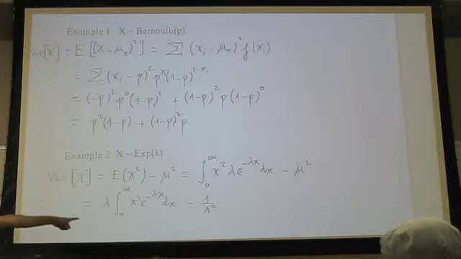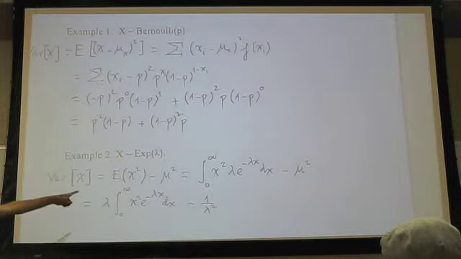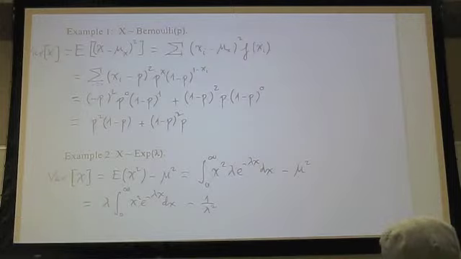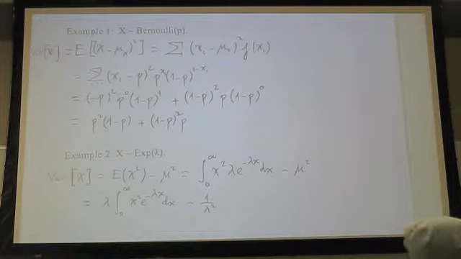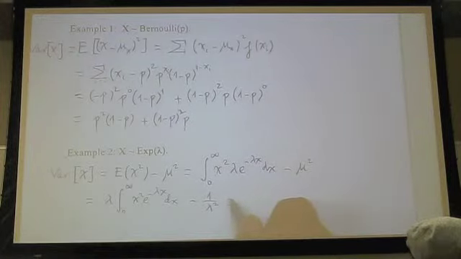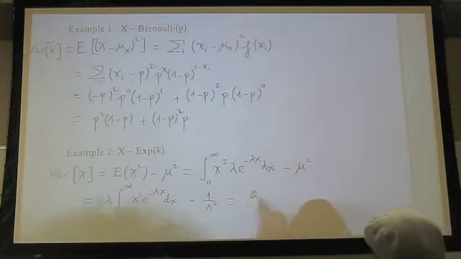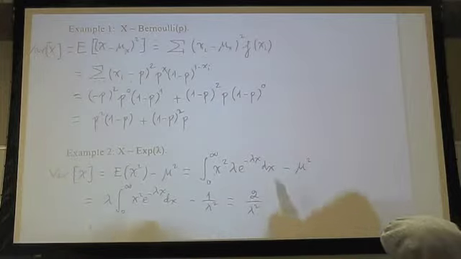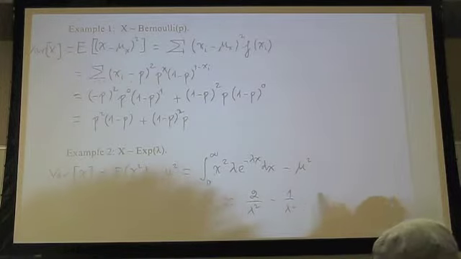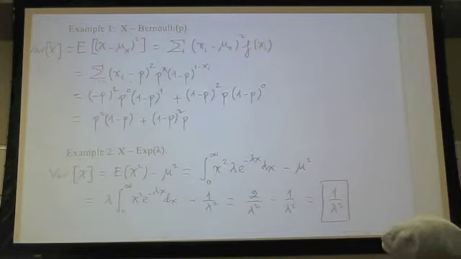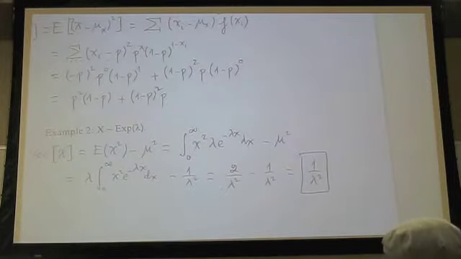You have to do integration by parts, probably 2 times. This integral turns out to be 2 over lambda squared. Then minus 1 over lambda squared, so the variance is going to be 1 over lambda squared. That's the variance for the exponential distribution.